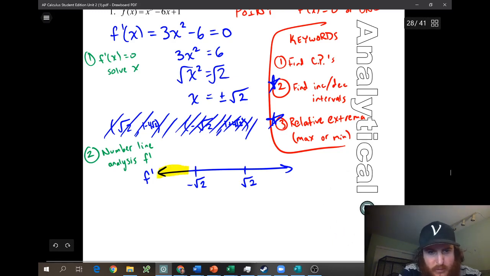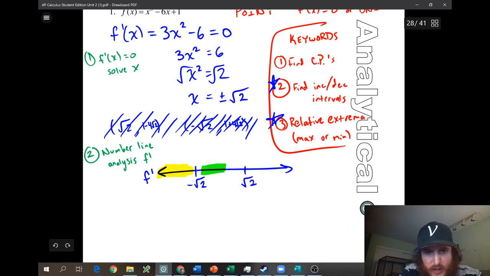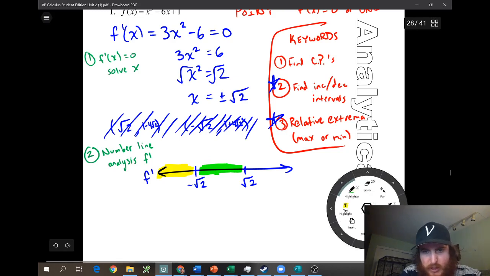Section 1 goes from negative infinity to negative square root of 2. Section 2 goes from negative square root of 2 to positive square root of 2. And then section 3 goes from square root of 2 up to infinity. So those are the three sections of our graph.